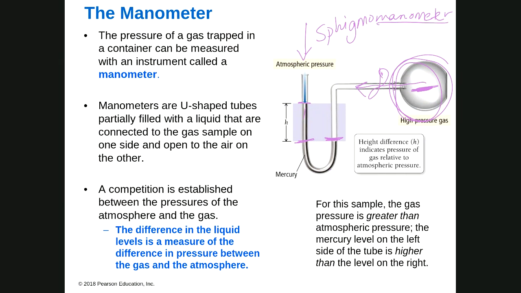So when they pump that up, they are pumping up a bag of air that squeezes off your arm with a certain amount of pressure, and they can see that pressure. And by listening to the sound of your heartbeat underneath that pressure, and then when it goes away, they can tell the two numbers that they're going to report for your blood pressure. So that's an example of using a sphygmomanometer.